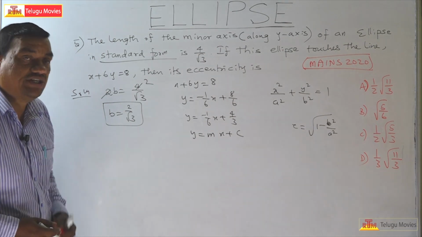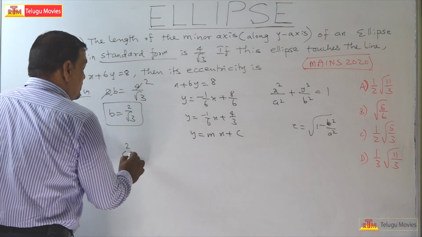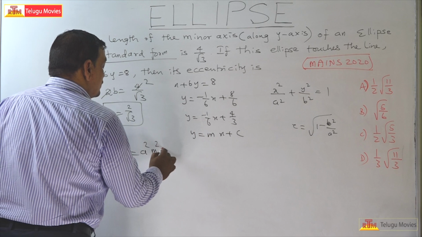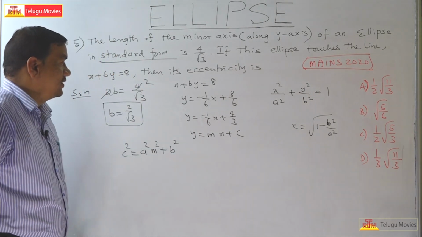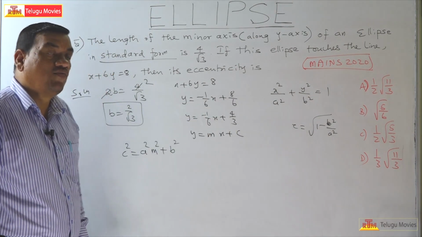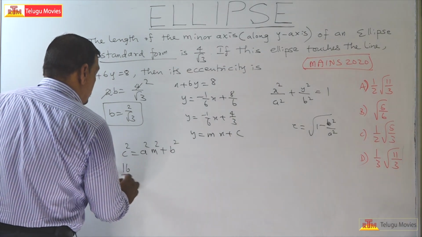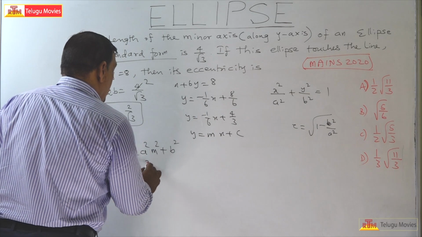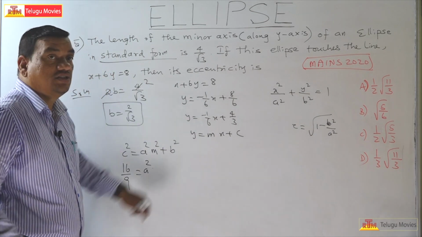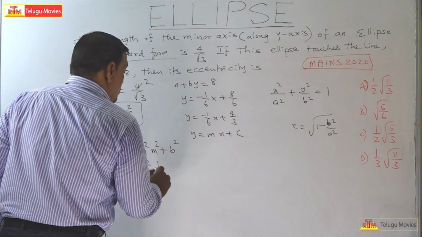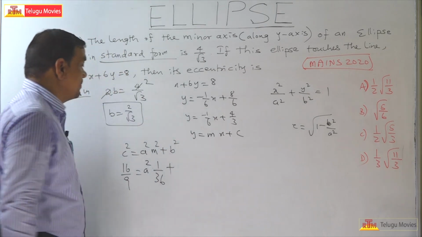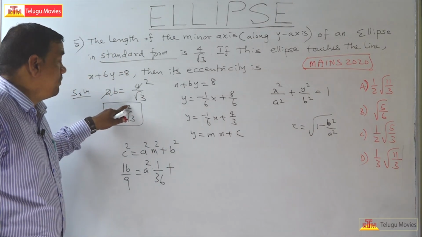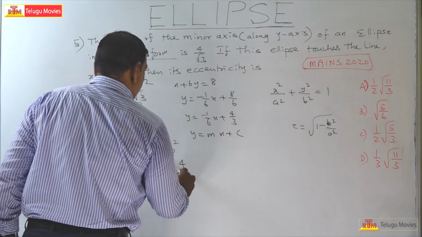We have the tangent condition. What is the tangent condition? c square is equal to a square m square plus b square. c is equal to how much? 4 by 3, so c square is equal to 16 by 9. a square we don't know. a square times m square, that is 1 by 6 squared, 36, plus b square, which is how much? 4 by 3.